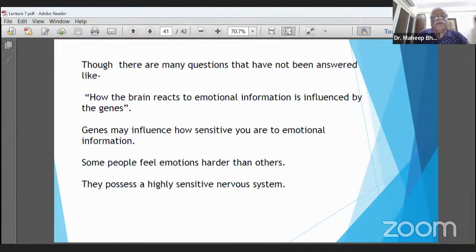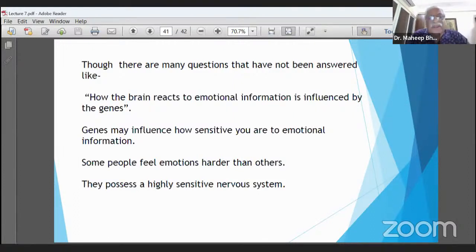But there are still a large number of questions which are not answered, like whether the way the brain reacts to emotional information is influenced by genes. Whether genes may influence how sensitive you are to emotional information. Some people feel emotions harder than others. This is very true. Possibly some humans possess a highly sensitive nervous system, and because of that, they show the emotions.